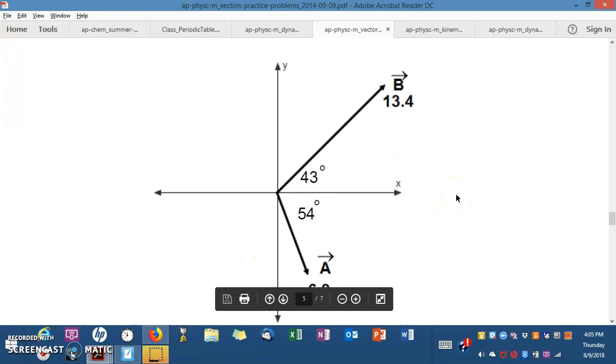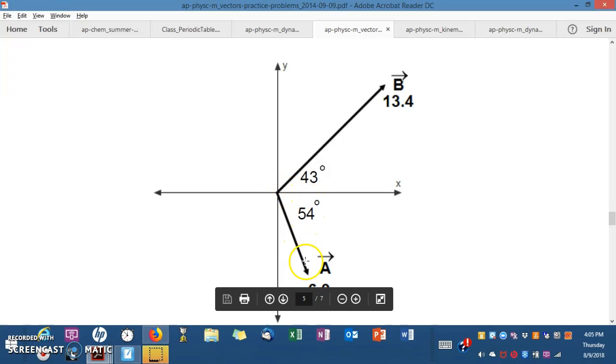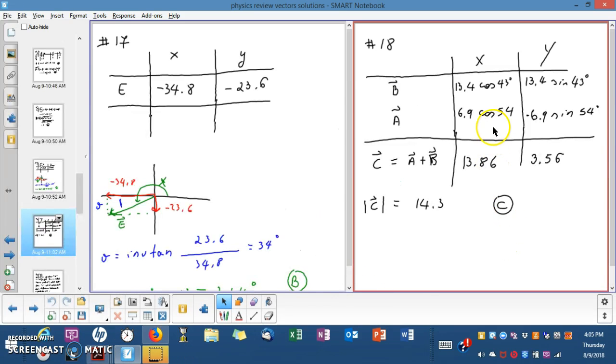So they want to know which one is the sum of those two vectors. You have magnitude, you have angle, therefore you have the cosine for the x component, and the sine for the y component. This one is your cosine for the ax, and this is your sine for the ay. So at that point, you just write those components right there, you add them up, and that's your magnitude. So C is your answer.